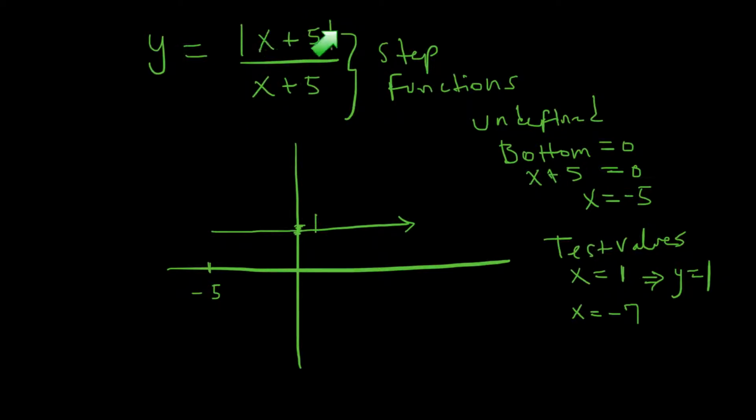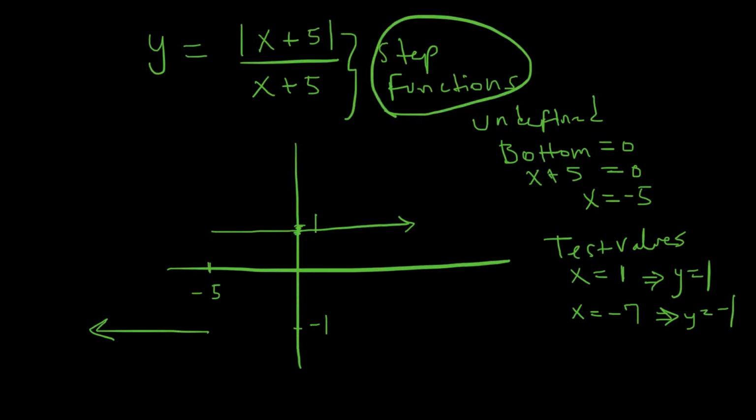So that's positive 2 over negative 2, the division becomes negative 1. So y equals negative 1. And because you tested a number to the left of negative 5, anything to the left of negative 5 is also going to be negative 1. So there's negative 1, and there you go to the left of negative 5. You should expect that. So that's why it's called a step function.